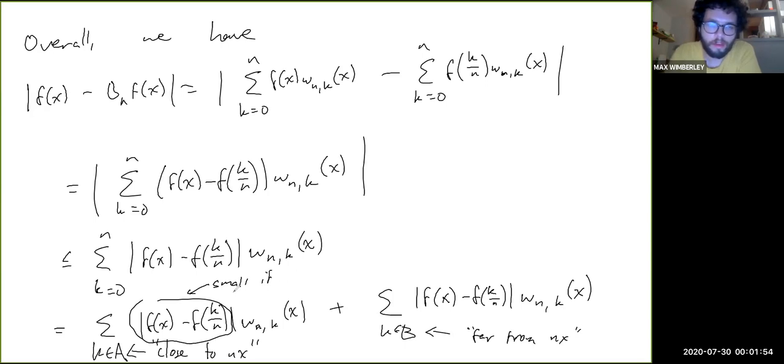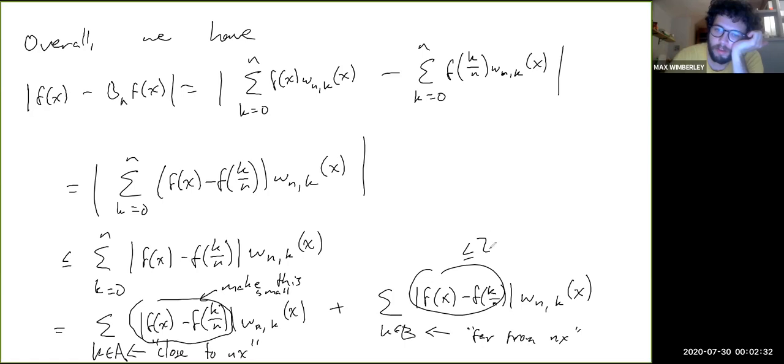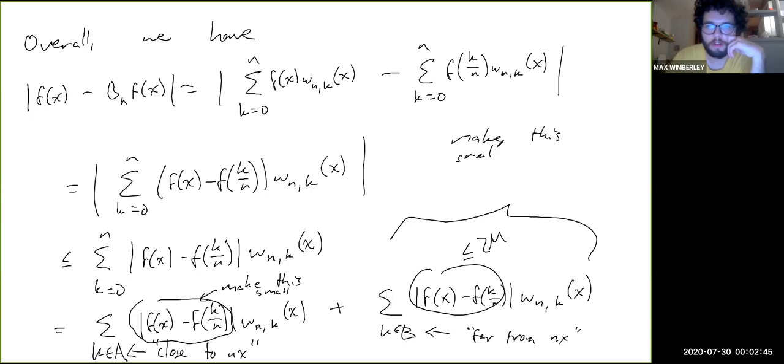Here the point is that we can control the first term and make it small. In the second term, we can bound it above using an upper bound for f itself, and we make it small by making the sum over k in B of wnk of x small.